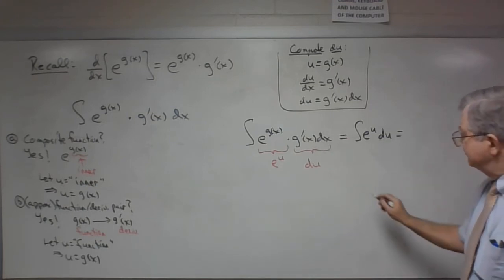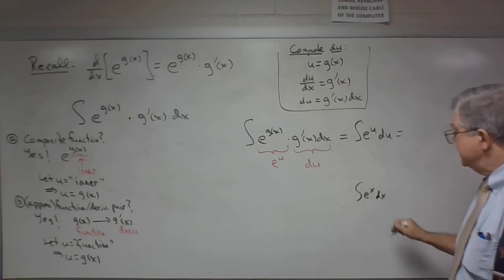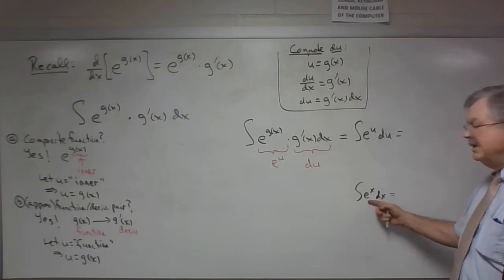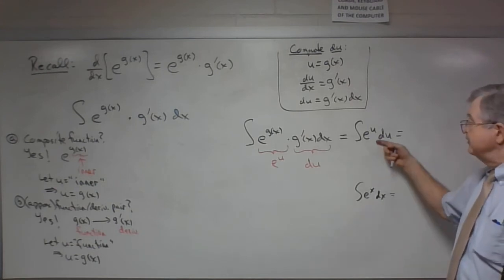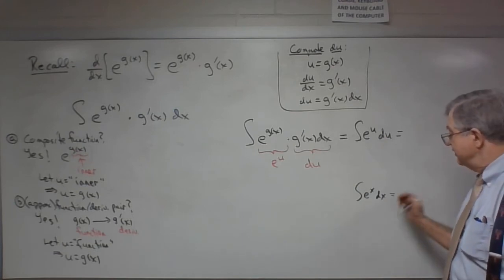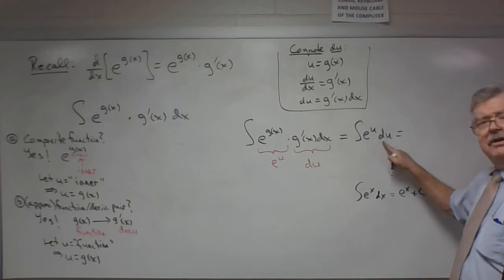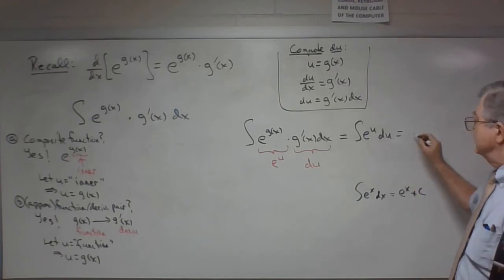Well, isn't that exactly the same as e to the x dx? The only difference between this and this is the name of the variable. So whatever this does to x, this is going to do the same thing to u.